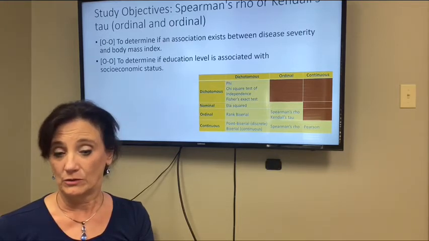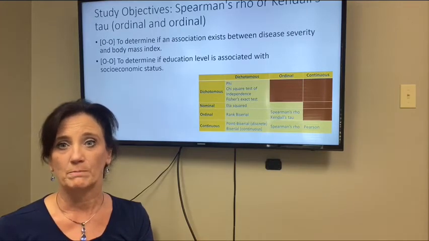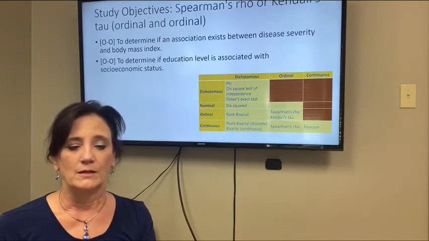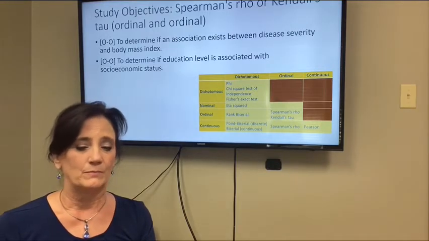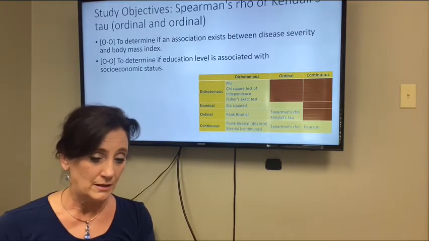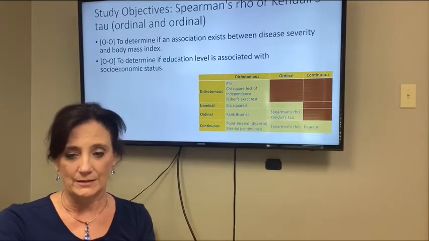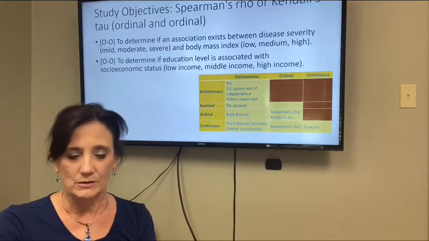All right, so the next couple of examples show you could use either Spearman's rho or Kendall's tau because you have 2 variables that are both ordinal. In the first study objective example, you've got disease severity and body mass index. In the second example, you've got education level and socioeconomic status. So here are examples of what makes this ordinal.